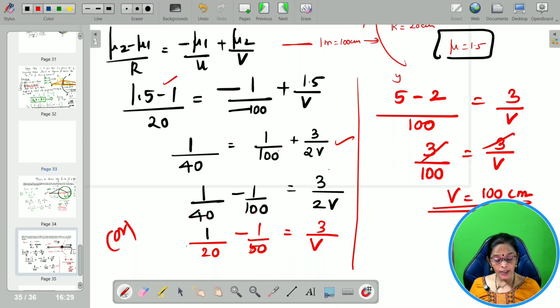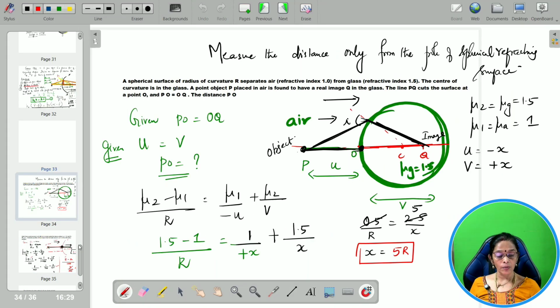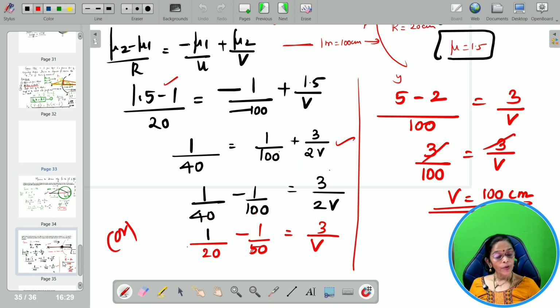So 1 by 20 minus 1 by 50 is equal to 3 by v. Take LCM, then you get the answer: 5 minus 2 by 100 is equal to 3 by v. Hope you understand. Anyhow, check whether the calculations are correct. v is equal to 100 centimeter.